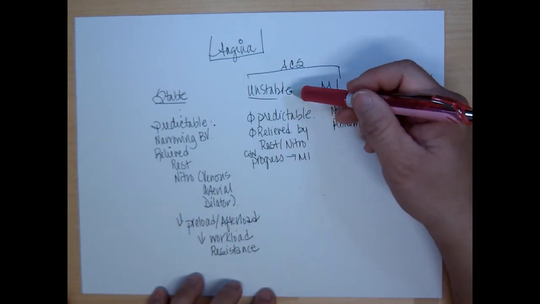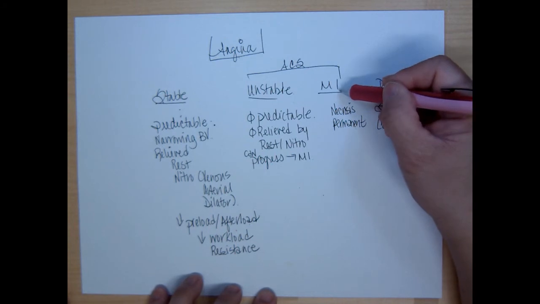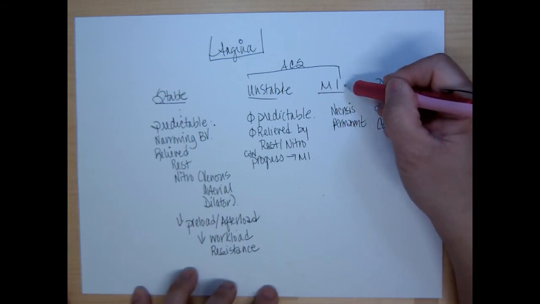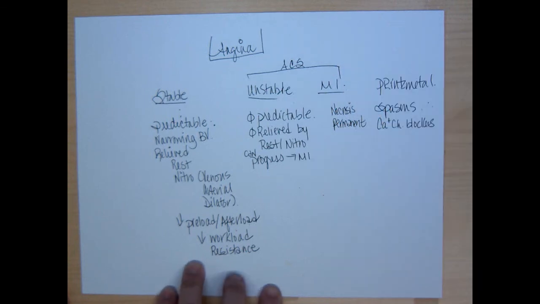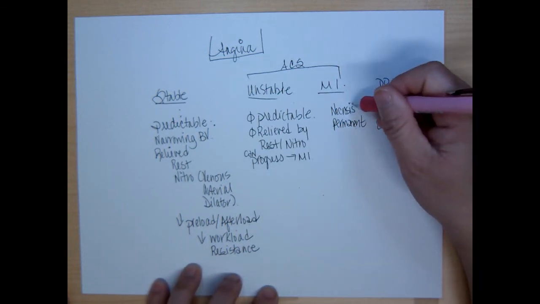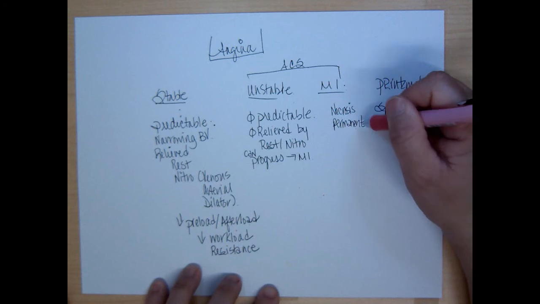Now, you never want to see unstable angina or MI, myocardial infarction, because MI is easy to remember. If you infarct a muscle, that means you've deprived the heart muscle of oxygen long enough to cause permanent necrosis or cellular injury.